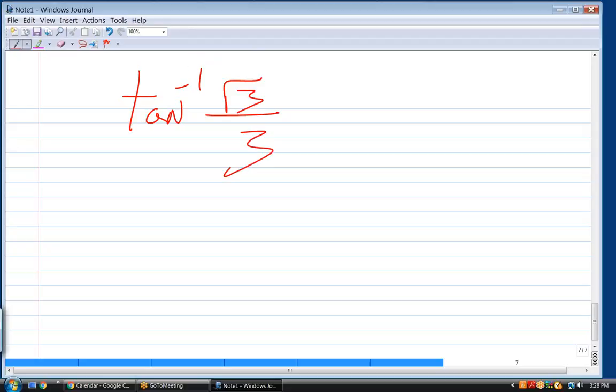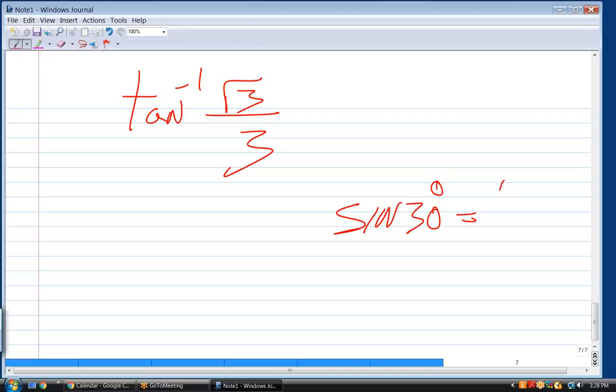When you say arctangent, that's the same as inverse tangent. Okay? Let's talk about inverse trig functions. If I say the sine of 30 degrees is equal to, what is that equal to?